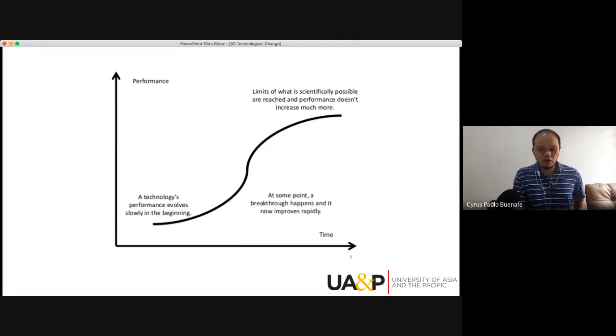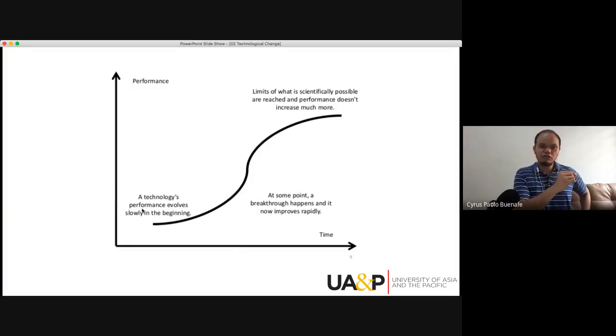Now, if you take a look at this, at the start, towards the lower left portion, a technology's performance evolves slowly in the beginning. As time goes by, the rate of improvement in performance is not that big.